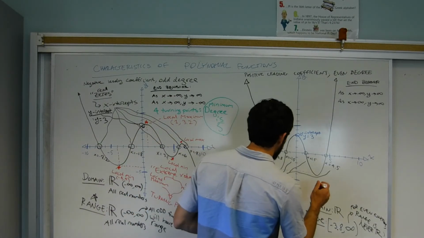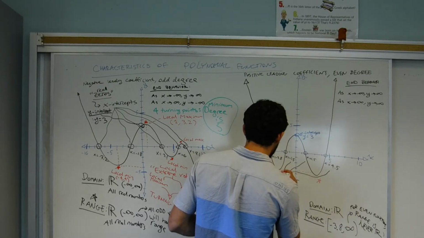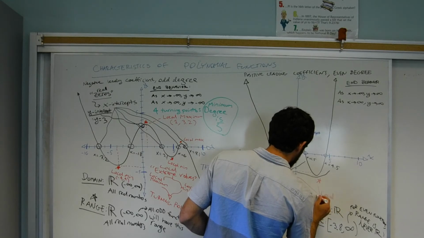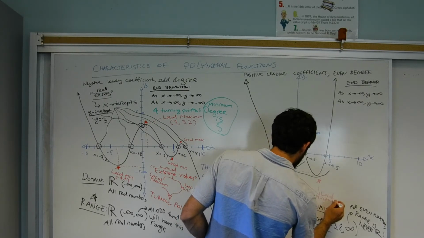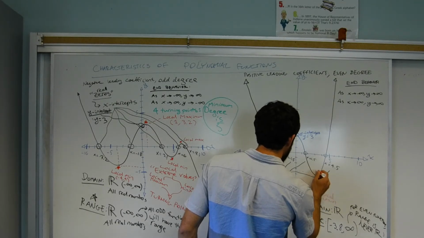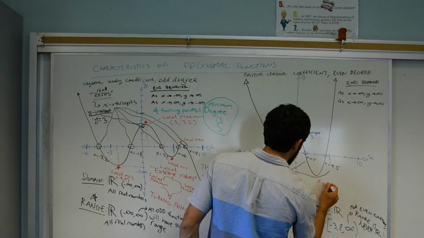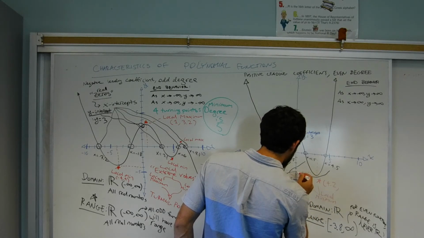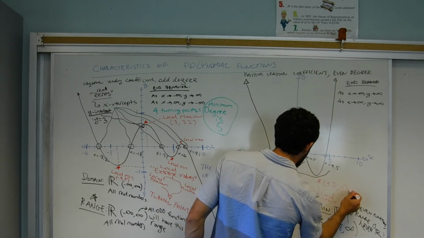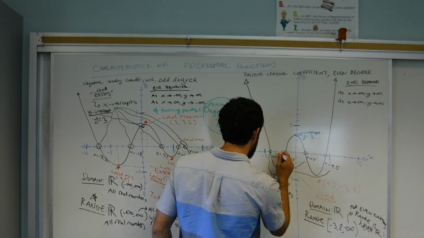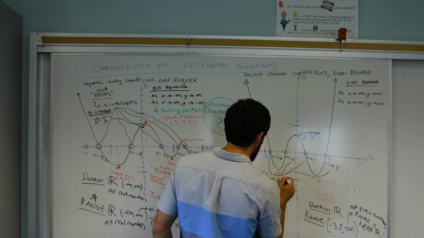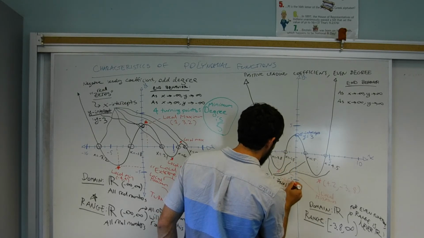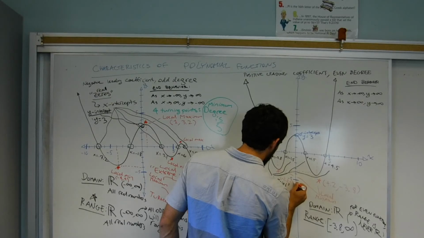We have local minimums over here. So these are local minimum values. This one is at, say, 4.2 to negative 3.8, and this one is at, say, negative 2.8 and negative 3.4.